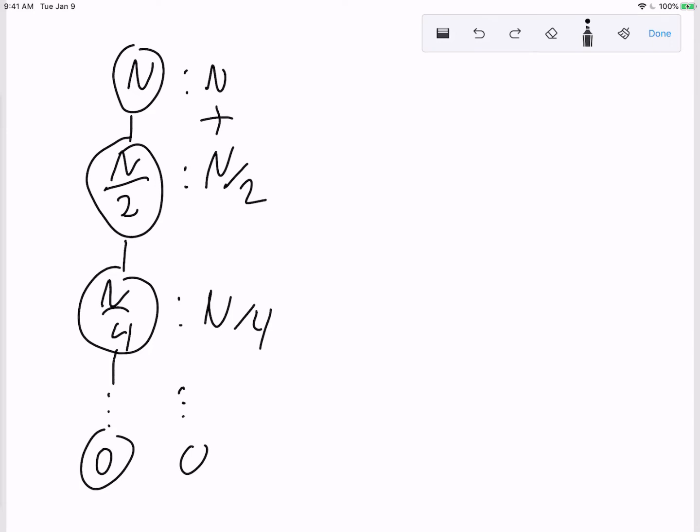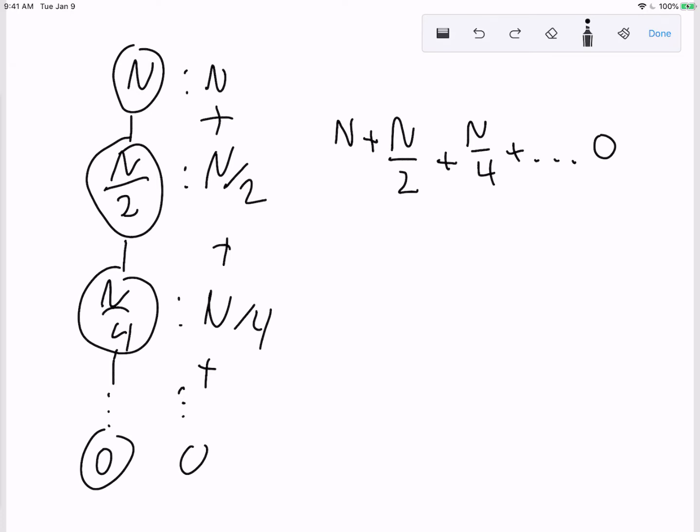And what do we do to all these? We're going to add all of them, because each one of these nodes represents one call to the function. And so if we want to find out how much work the function does in total, we need to add all of these up. So now we have this sum, n plus n over 2 plus n over 4 plus ... 0.